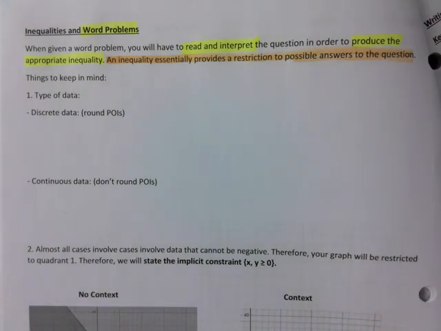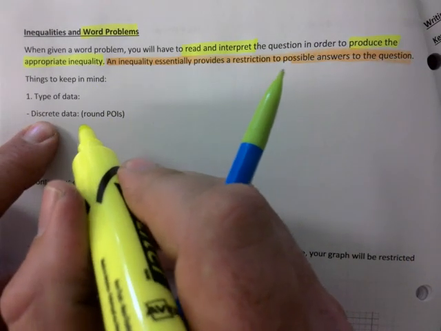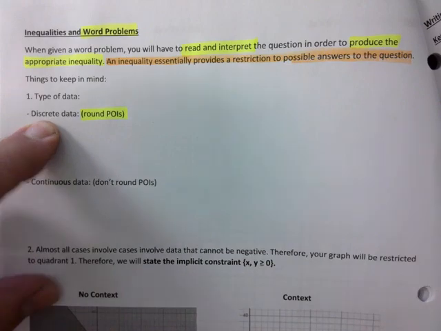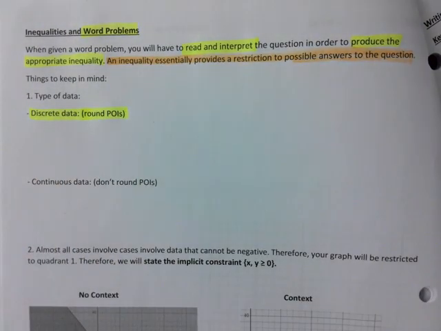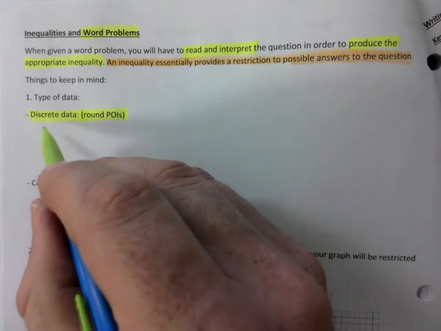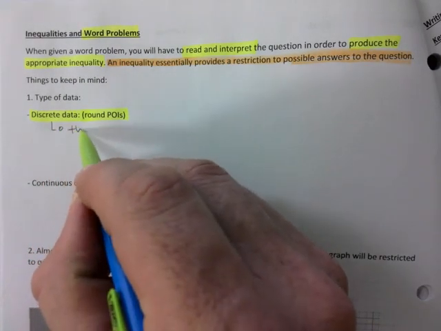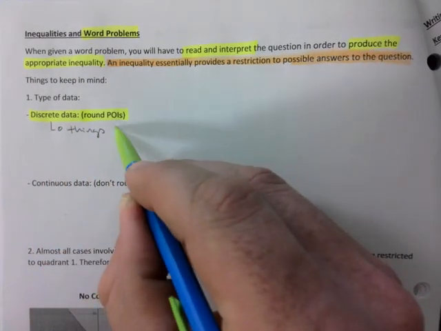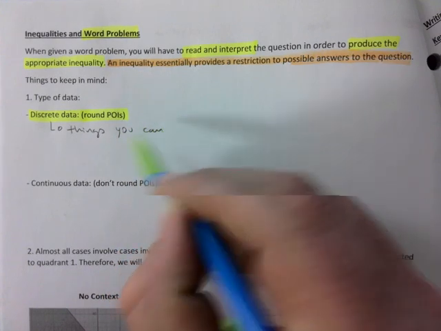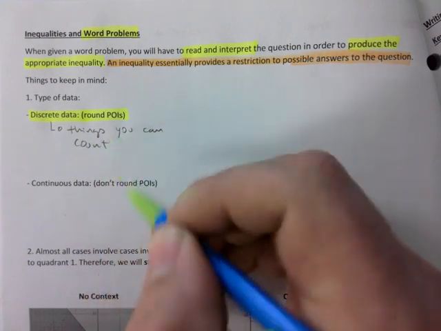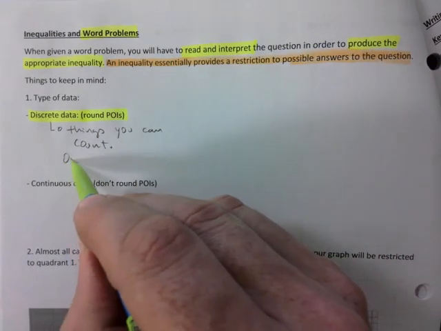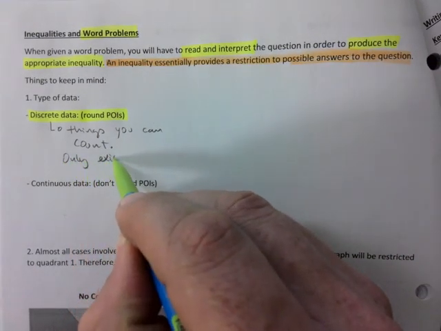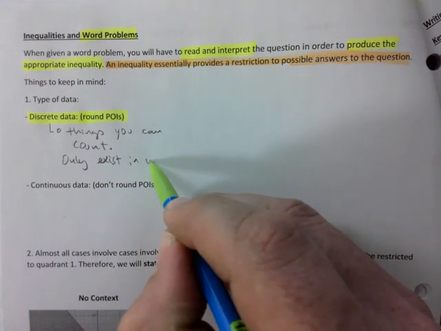First off, type of data. When it's discrete, you will round POIs. Discrete data will round POIs. Discrete is things you can count, things that only exist in whole quantities.